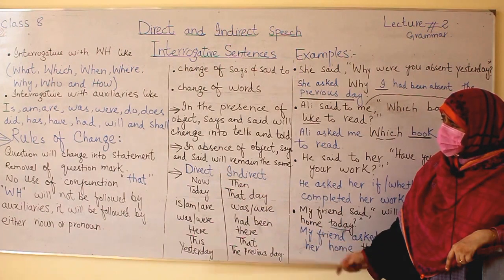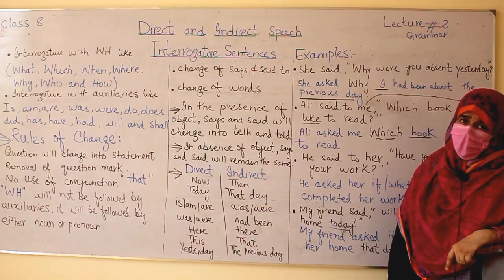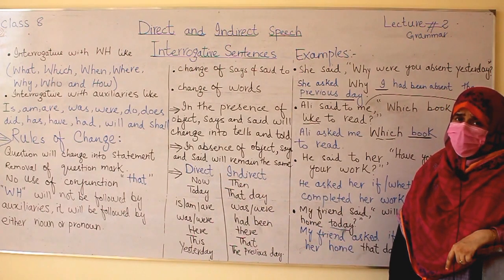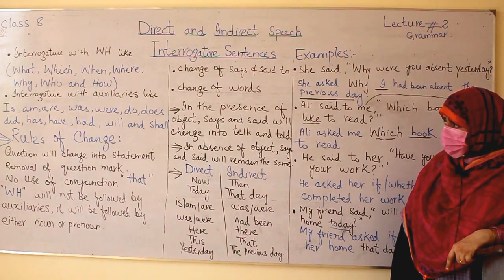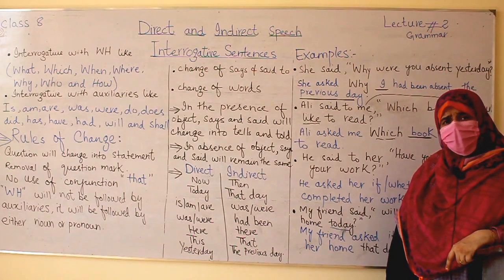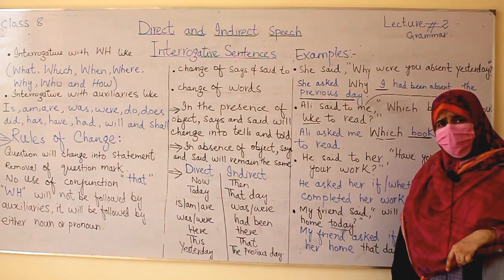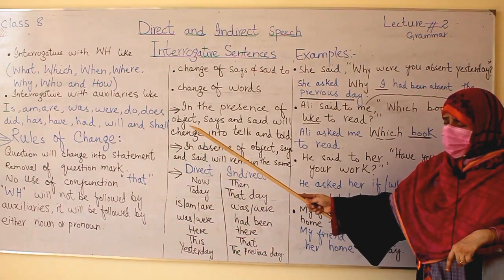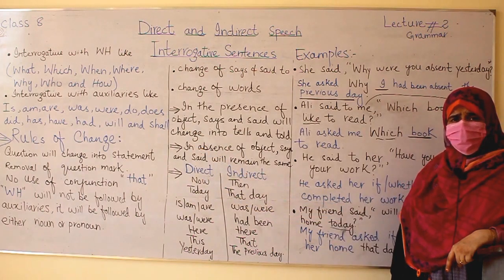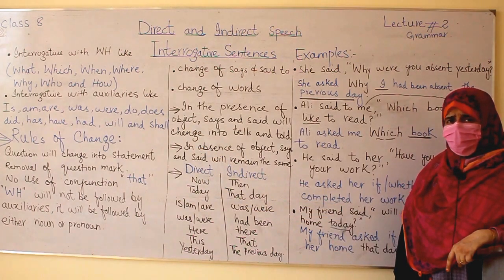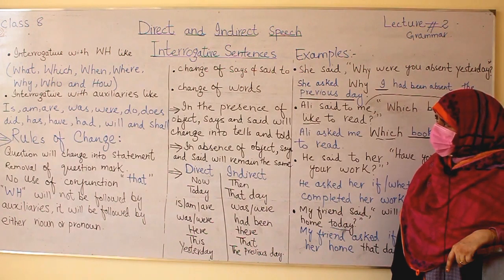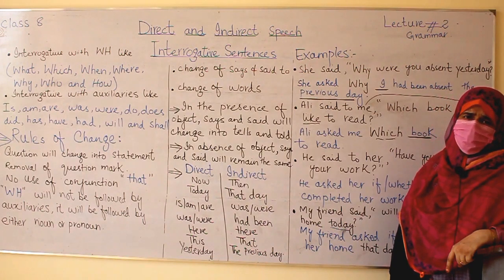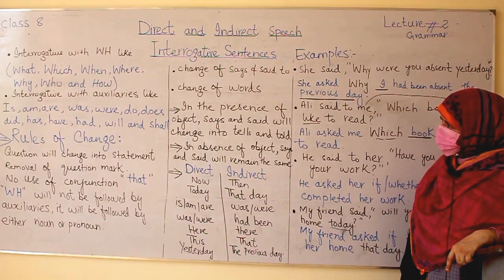So it will change into, if I was baking a cake for the guest. Then we are having are. Are they taking interest in their studies? He said, are they taking interest in their studies? He asked if they were taking interest in their studies.